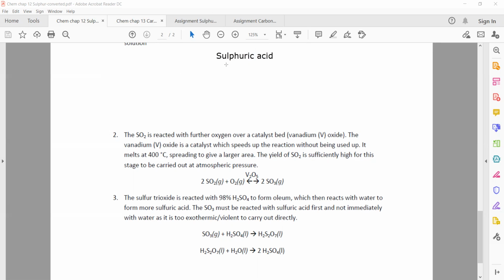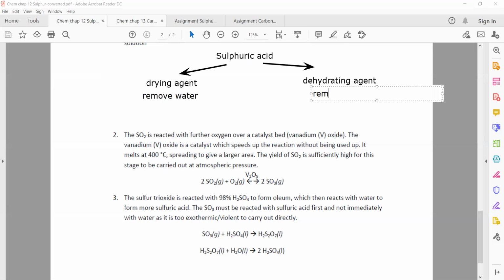In both cases, it is removing the water. What is the purpose of a drying agent? It is to remove water. And here also, it removes water. But what is the difference between them?